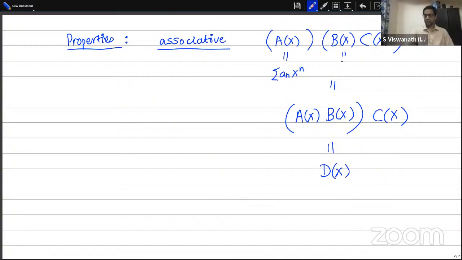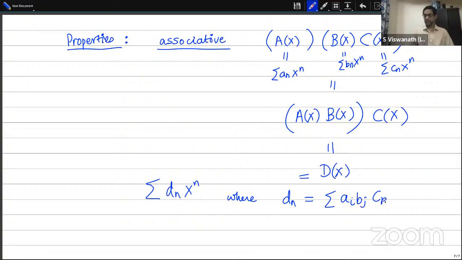By the way, I'm just using shorthand: this is the power series b_n x^n, c_n x^n. So you'll actually have to do this verification, but at the end it'll be easy, because you'll find that both these orders will give you the power series D(x), where D(x) is the summation d_n x^n, and the coefficient d_n will turn out to be the summation a_i b_j c_k, where you run i, j, k over all ordered triples with sum n.